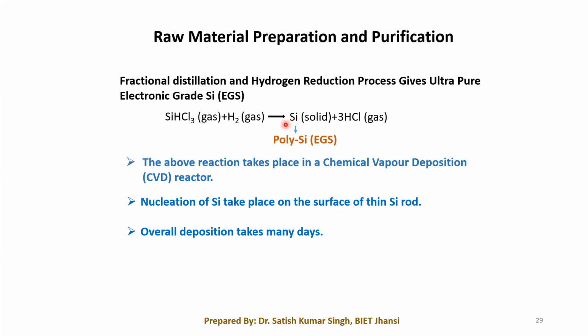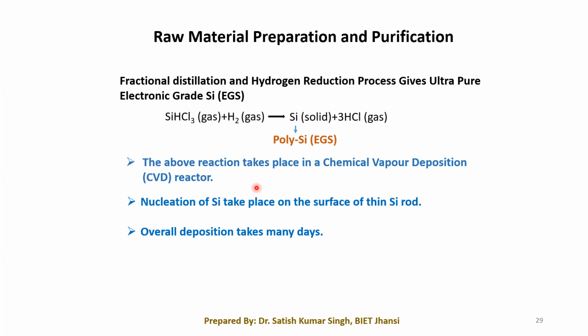Initially it was in the vapor form, the vaporized gaseous form. But because of the nucleation of the silicon on the surface of the polysilicon rod, you will get a big rod of polysilicon, of very high dimensions.